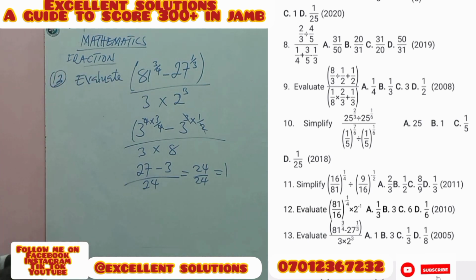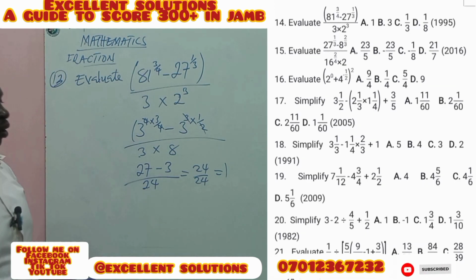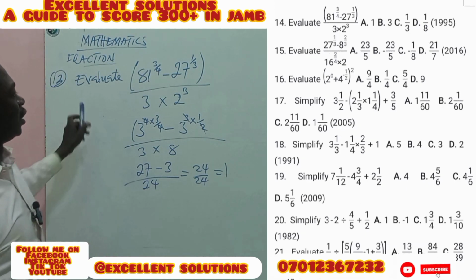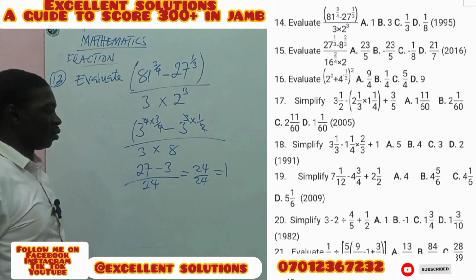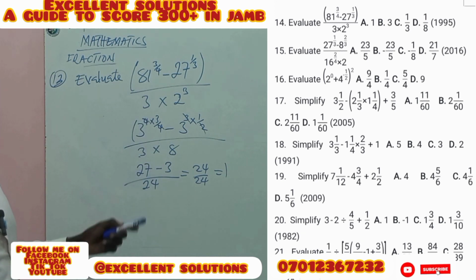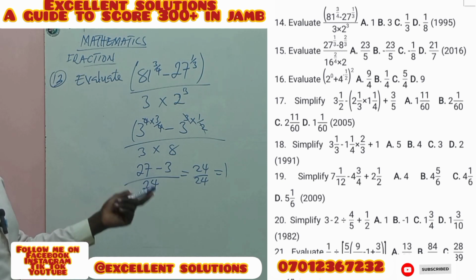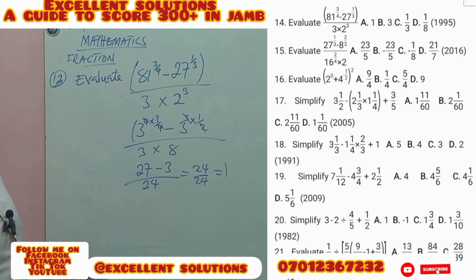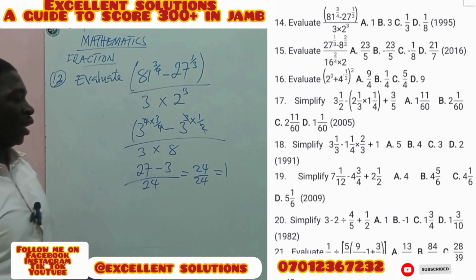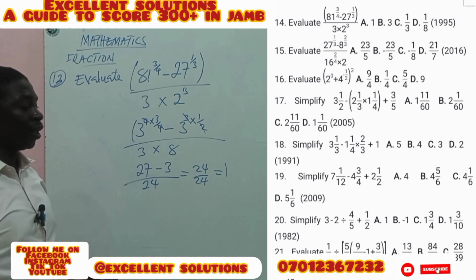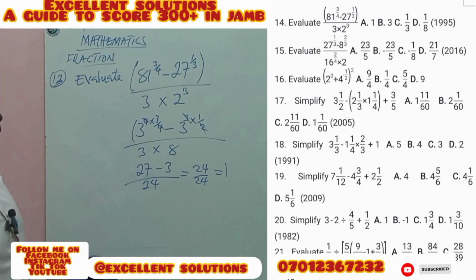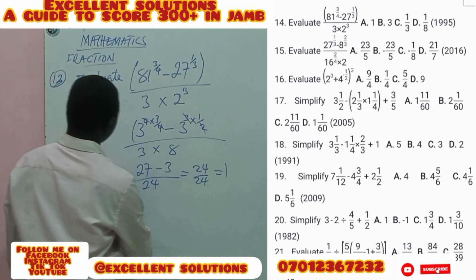And if we look at our options, we have option A, which is 1. The next question is question 14, and question 14 is the same as question 13, and this question 14 was asked in 1995. So question 13 was asked in 2005, 14 in 1995. So this is a repeated question.